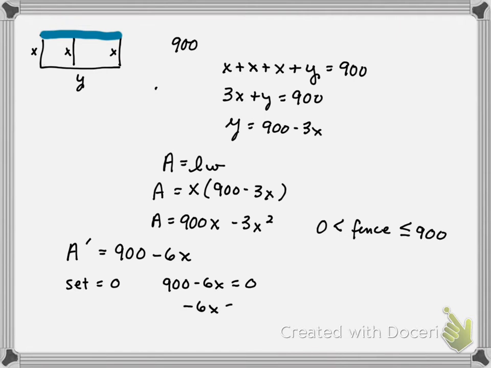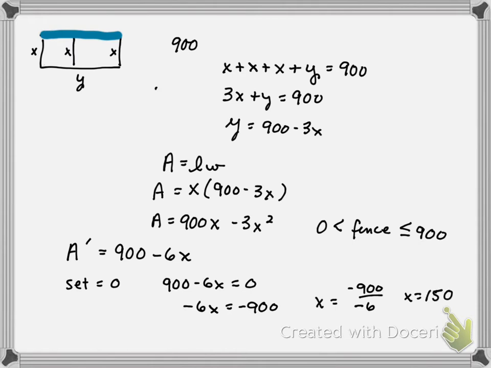Negative 6x equals negative 900. X equals negative 900 over negative 6. So go ahead and pause me for a second, figure that out, and we can check with each other. But when you do that, I got x equals 150.